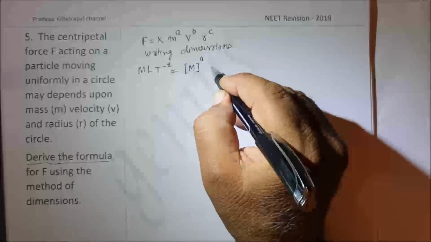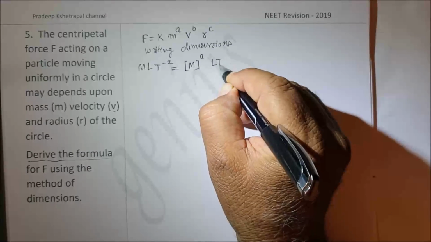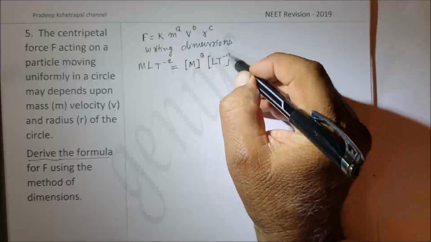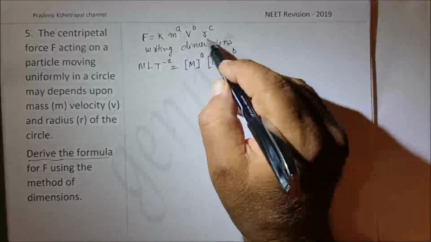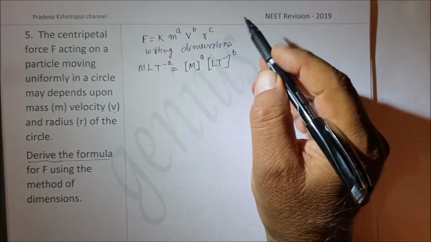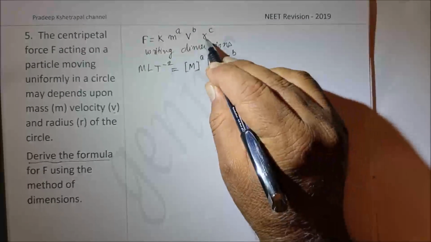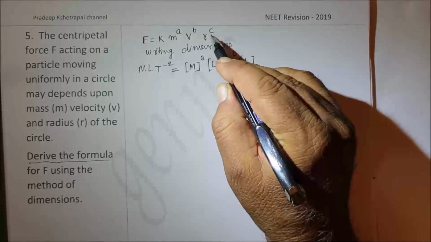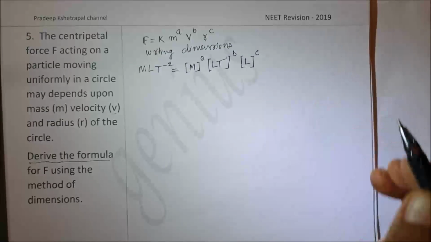V is velocity, velocity has dimensions L T minus 1, and the whole thing has power b, so this is b. R is a radius, and radius has the fundamental quantity length, so I write the dimensions of radius as L, and this will have power c.